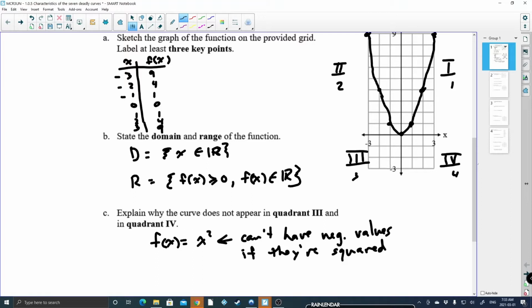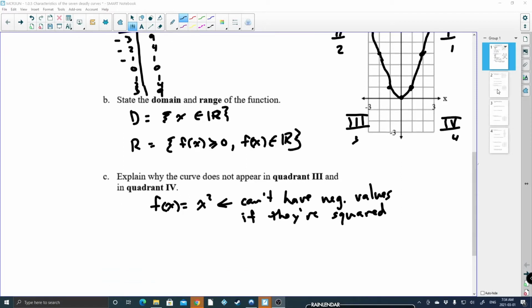Okay, so any negative number, any positive number put into the function here is going to become squared, and then it's going to become positive, so you can't have any values in the third and fourth quadrant. Now, that's only for this regular quadratic. In grade 10, you see that you can actually flip the parabola upside down, so just keep that in mind. All right, moving on.